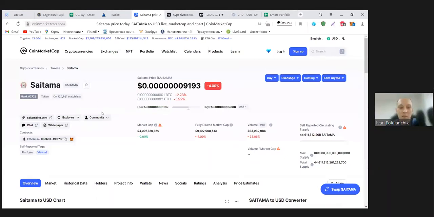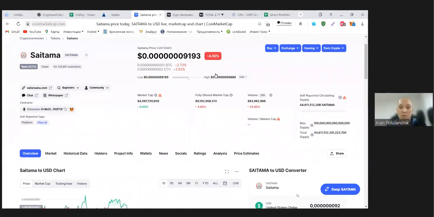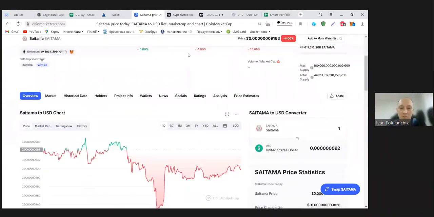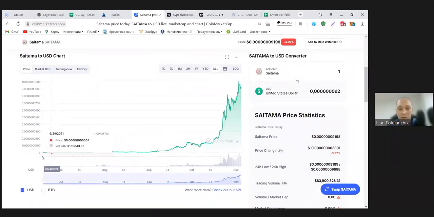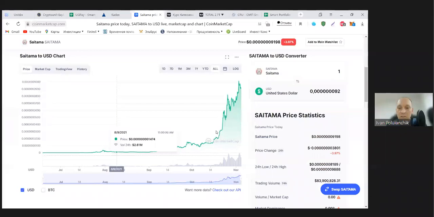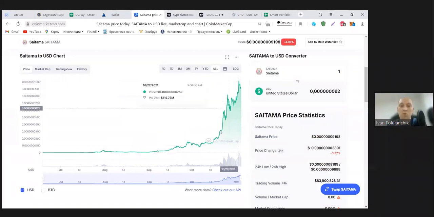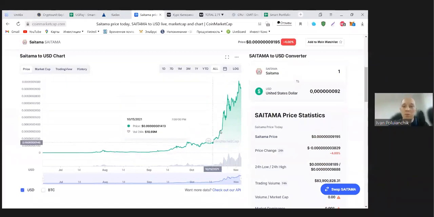Of course, you need to perceive each coin with its potential. So first of all, look when it was created. But please look, this growth started in summer. It came up in summer, in June. Then it developed and it showed some growth. And what is this growth driven by?